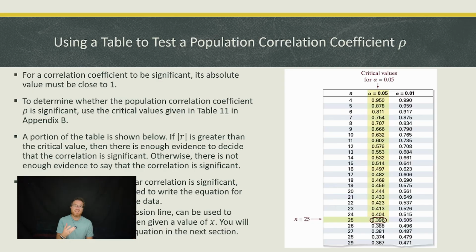That means we have 25 data pairs, meaning we have x1, y1 through x25, y25. The alpha equals 0.05 column is highlighted. This gives us a number of 0.396. Meaning that as long as our correlation coefficient is larger than 0.396, we have enough evidence to say this is statistically significant at the alpha equals 0.05 level of significance.